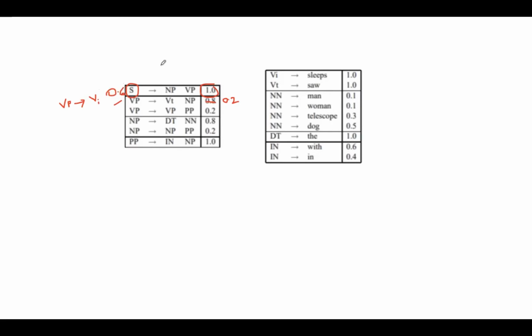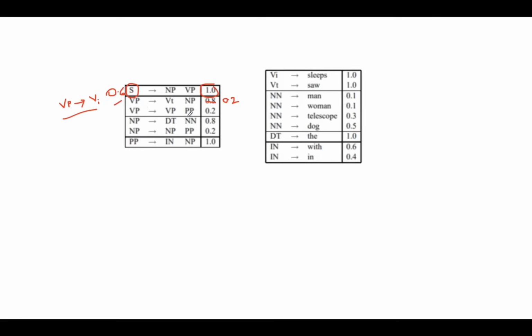There are many possible ways of expanding that non-terminal. VP can be extended in 3 different ways according to the productions given here: VP derives VI, VP derives VT NP, or VP derives VP PP.